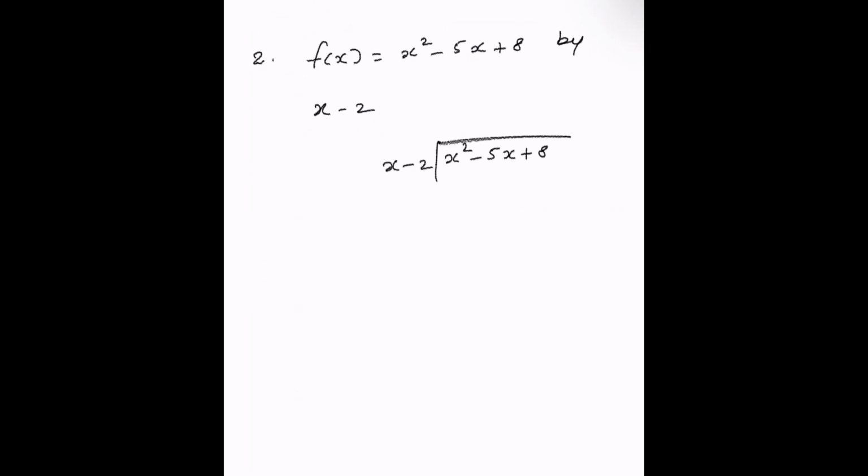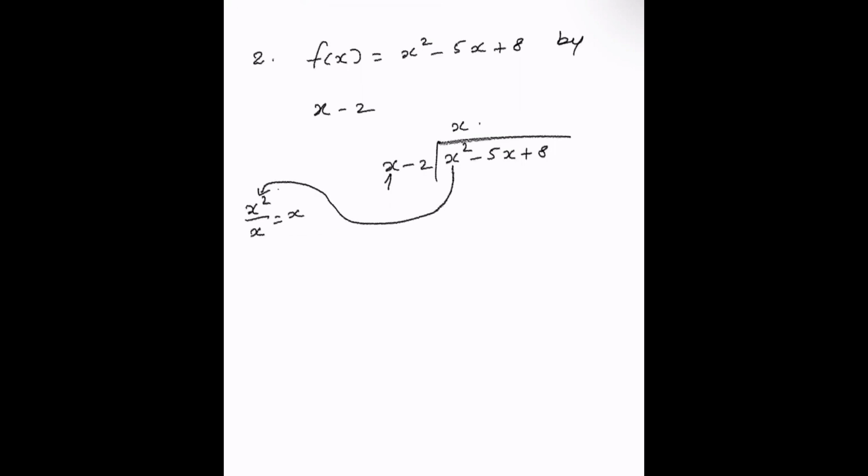Take it. So x square by x will give you x. So take that x here. From where am I getting this x? X is this one. So this x is from here. Got it? And this x square comes here.